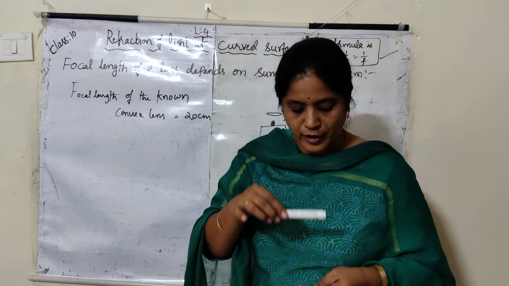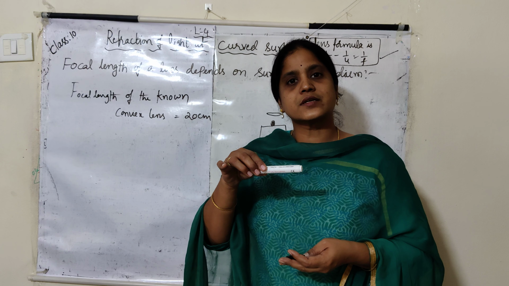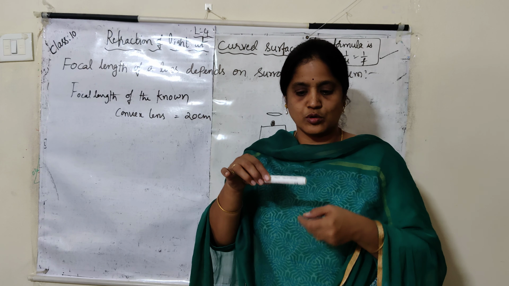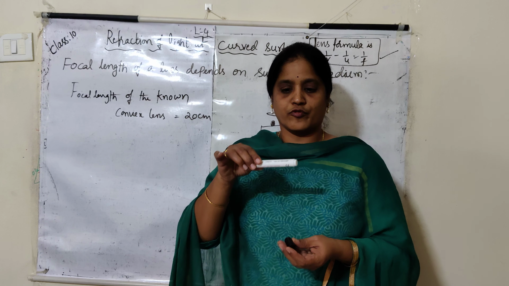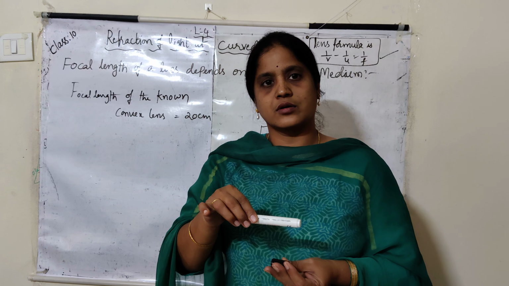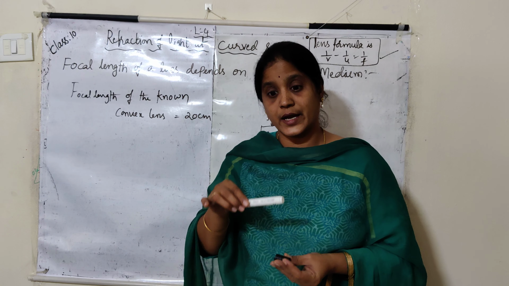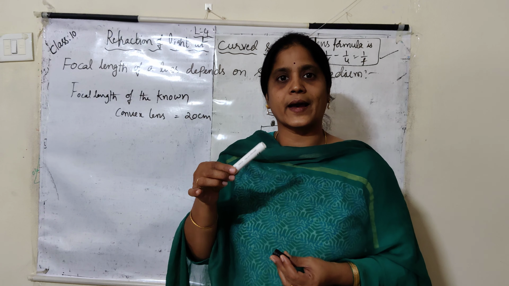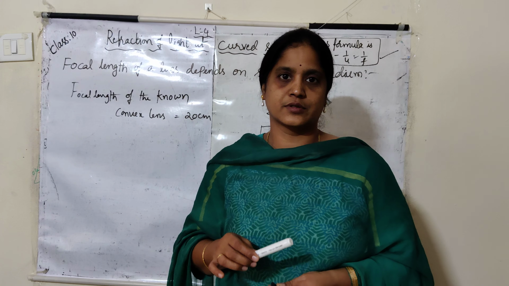By changing the distance, find at what distance you can see the image of the stone through this lens. When you move up or down you will get an image, but find at what distance you get a clear magnified image.